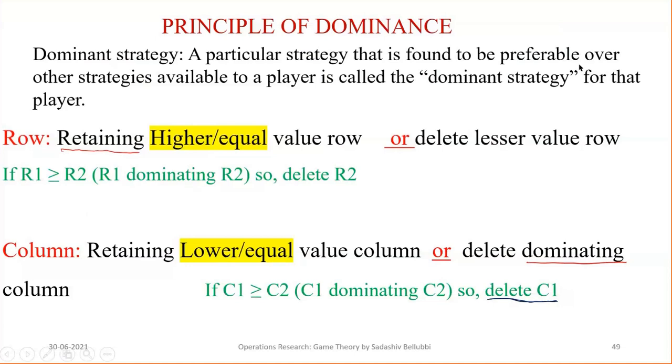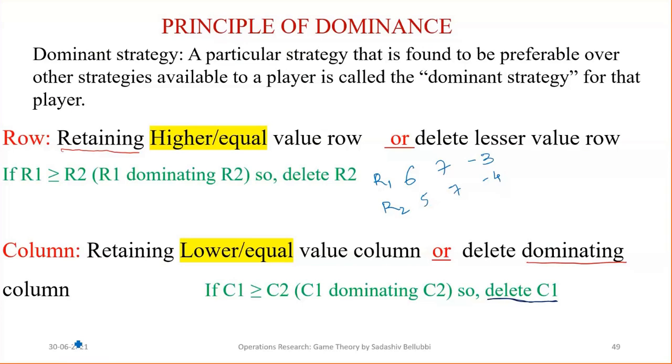If you are comparing R1 with R2, for example, and R1 is dominating R2, it means that, say this is row 1 and this is row 2, the values are 6, 7 and -3 for R1, and 5, 7 and -4 for R2. Here R1 is dominating R2.